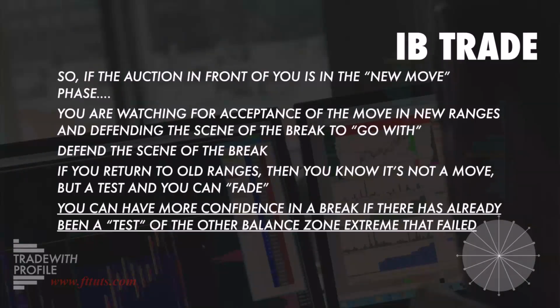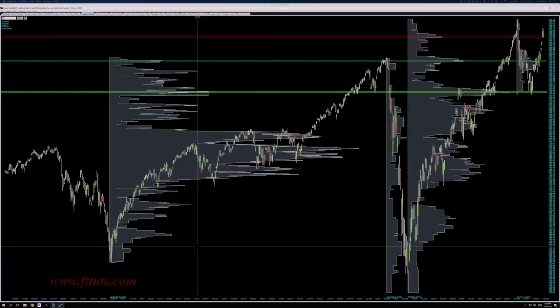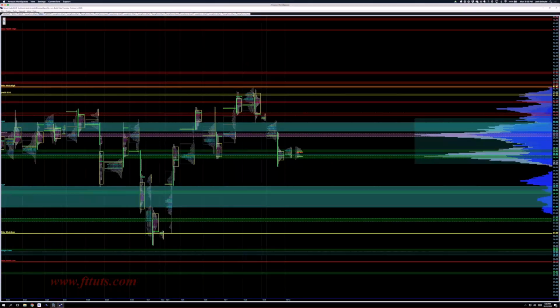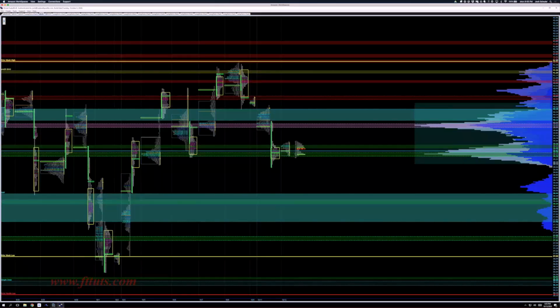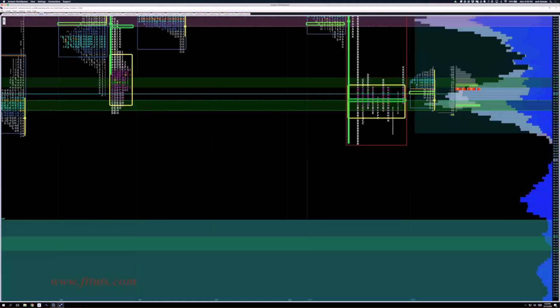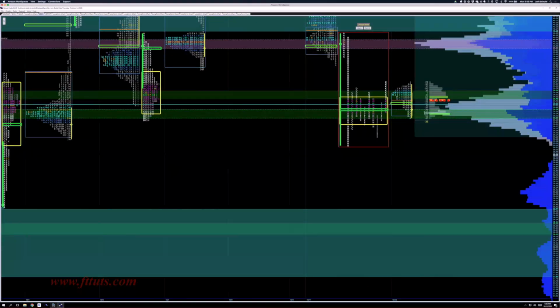Now, just going and looking at activity from today, if I expand the profile here, I've got a little bit of both going on.